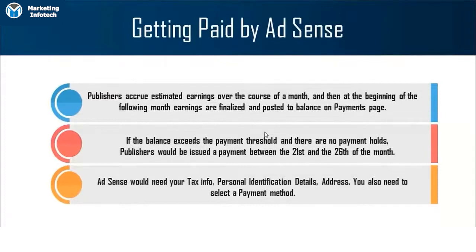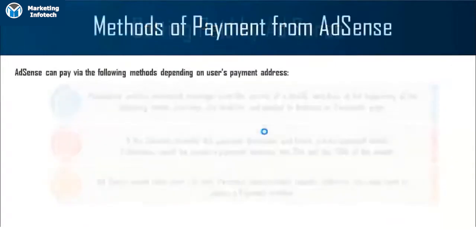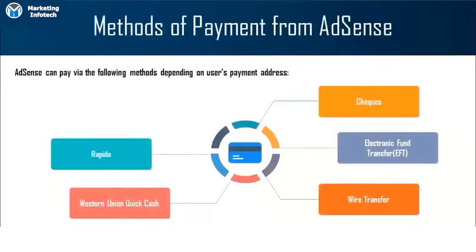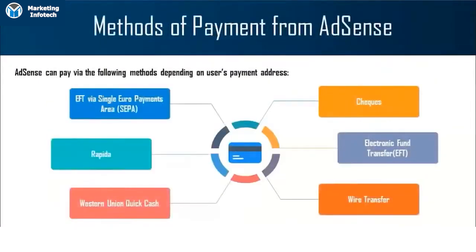Also, AdSense would need your tax information, personal identification details, and address. You also need to select a payment method. So these are the different payment methods. AdSense has been very lenient here, depending on the different countries and their rules.